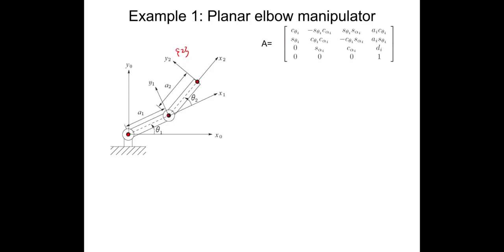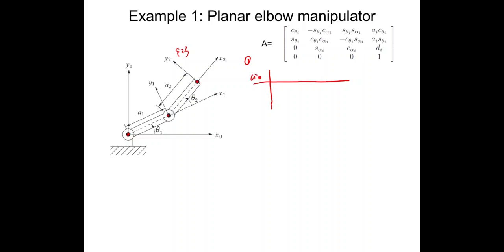So we have 3 frames: 2 frames for the 2 joints, and 1 extra frame for the end effector. The first step for solving forward kinematics is to find the 4 parameters.